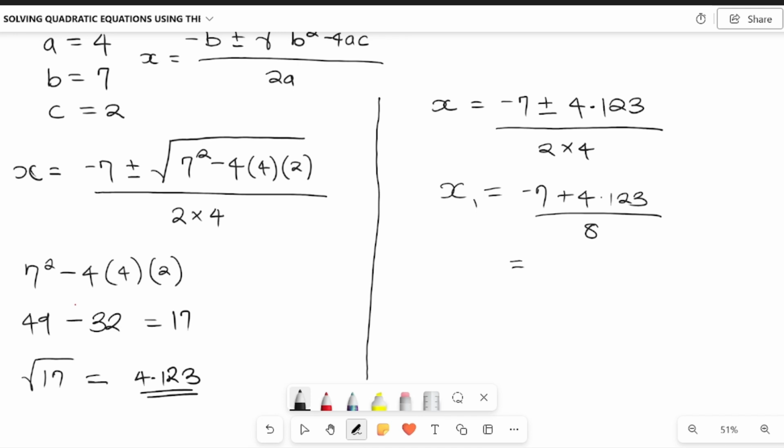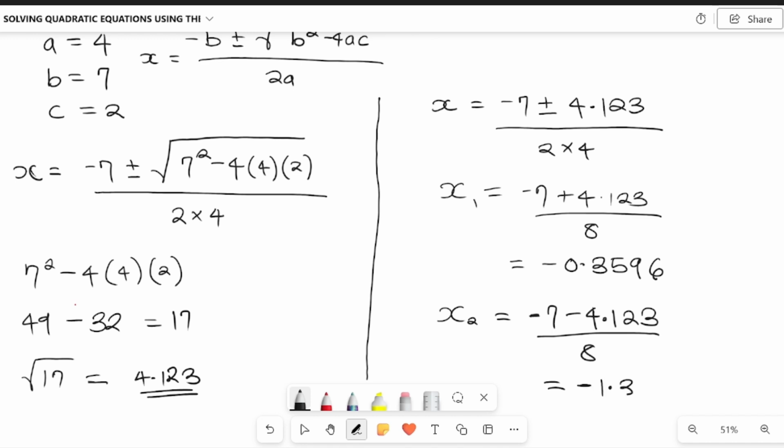When you work this out using a calculator, you should get negative 0.3596. And the second value of x is negative 7 minus 4.123 all over 8. When you work this out in your calculator, you will get negative 1.390. So these are the two roots of x from the quadratic equation.